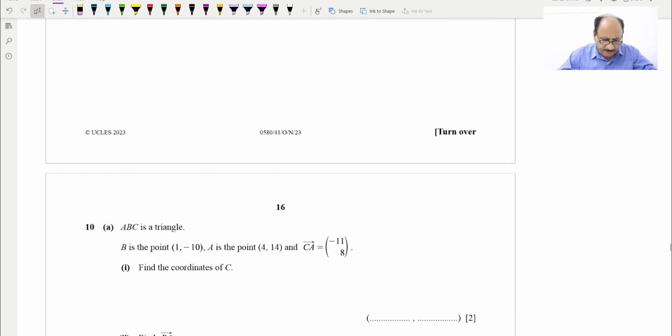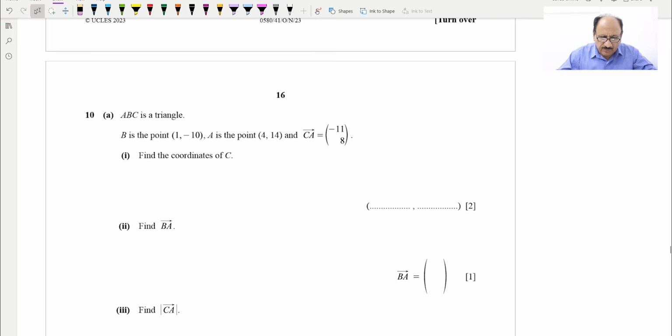Hopefully you understand. Here comes question number 10, and question number 10 says ABC is a triangle. B is the point 1 and minus 10, and A is the point 4 and 14, and CA is provided minus 11 and 8. Find the coordinates of C. So coordinates of C will be what? 4, x coordinate will be 4 minus 11, because we are taking CA.